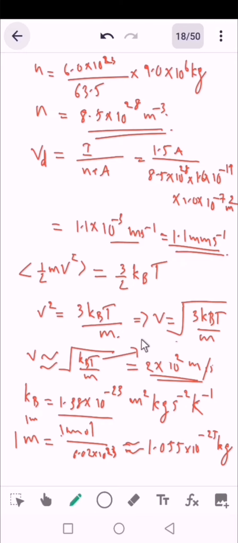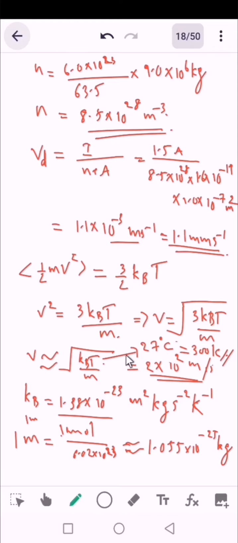When you substitute this T as ordinary temperature, as we know it is 27 degrees Celsius, the equivalent temperature in Kelvin is 300 Kelvin. 273 plus 27 will give you 300 Kelvin.